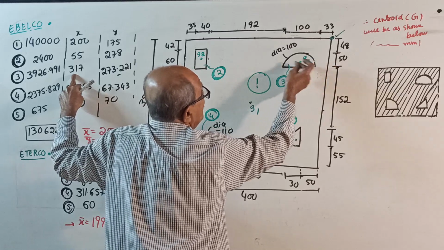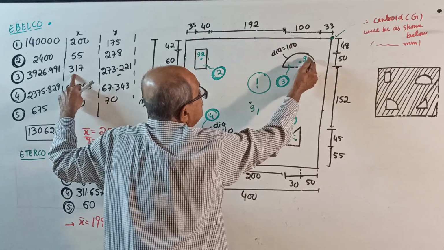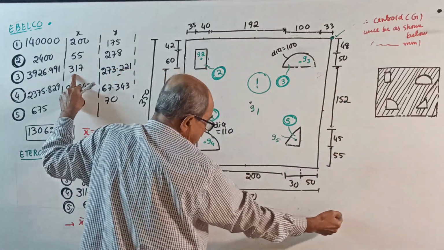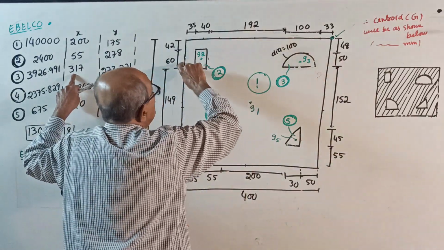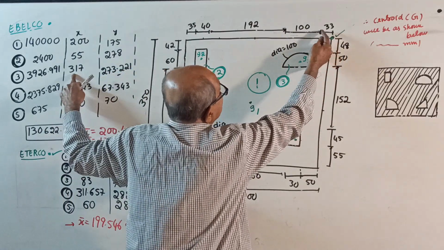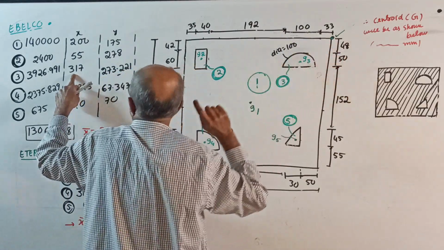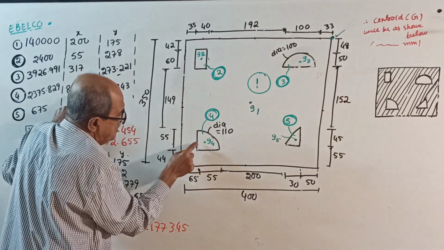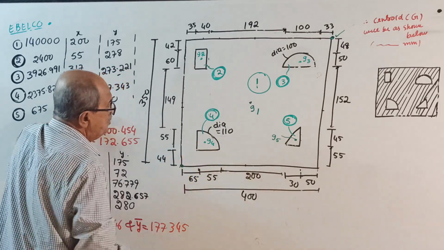Why? This way is the midpoint, this way is 2d by 3 pi. When you go for here, the full 400 is there, which is common for both: 400 minus 33 minus half of 100. x4 is 65 plus this distance, which is 2d by 3 pi.